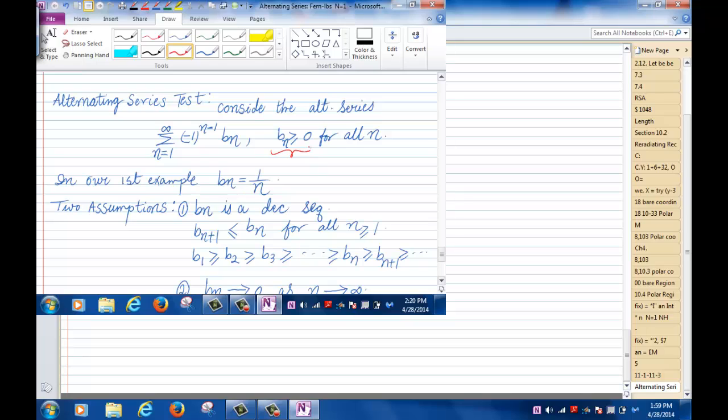So maybe the first say 10 terms are not, but after the 10th term, the series becomes alternating. So I can still consider that as an alternating series. Am I making sense? So the first few terms don't dictate the convergence, okay? Which makes sense. So keep that in mind.